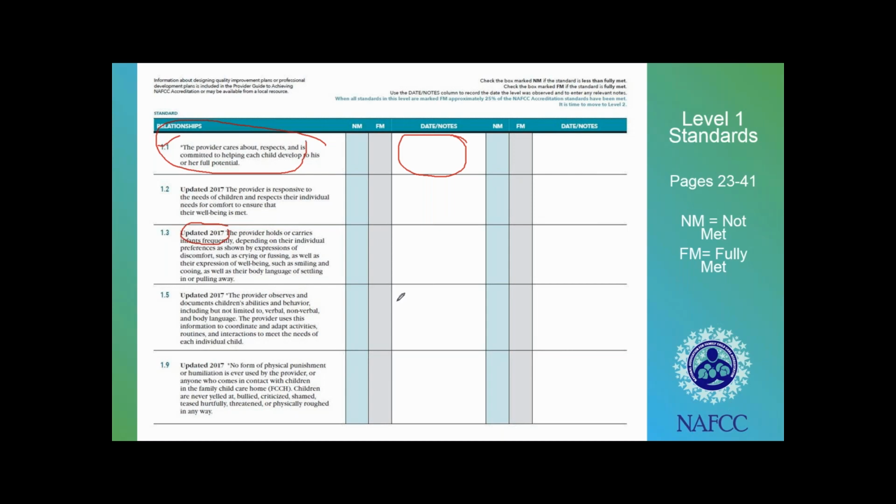They get together with different universities and study the best practices based off of peer-reviewed studies and research, and that's how they come up with these standards. They're often reviewed and changed so they're the most relevant and in line with the times, being accurate for you and your family child care home to be high quality and relevant.